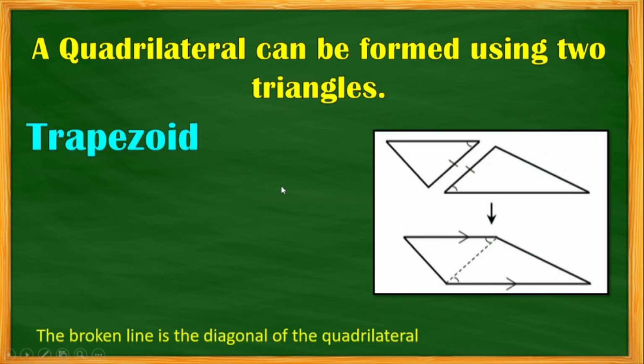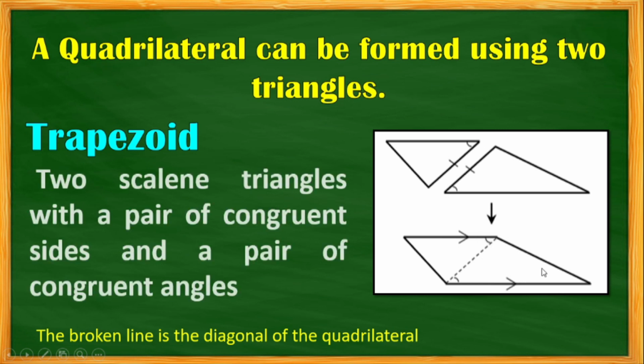And the trapezoid, to form a trapezoid, you need two scalene triangles with a pair of congruent sides and a pair of congruent angles. A scalene triangle has no congruent sides.